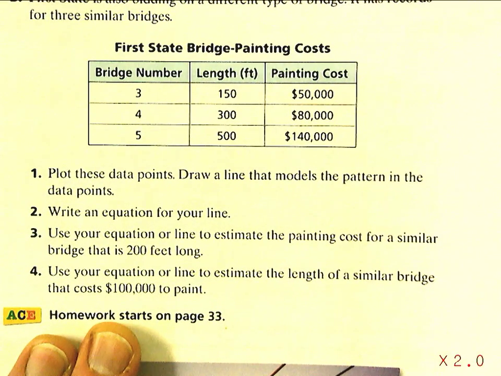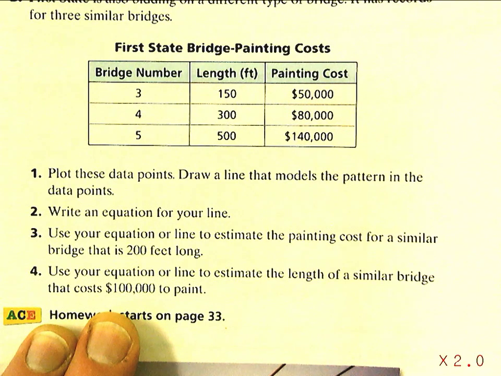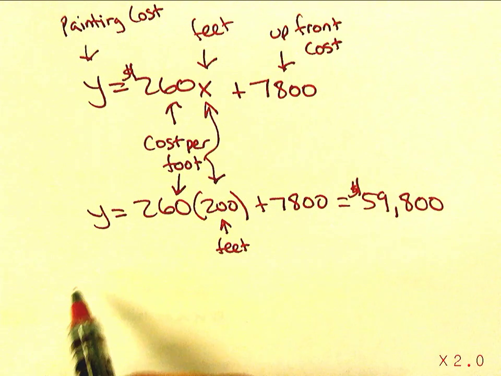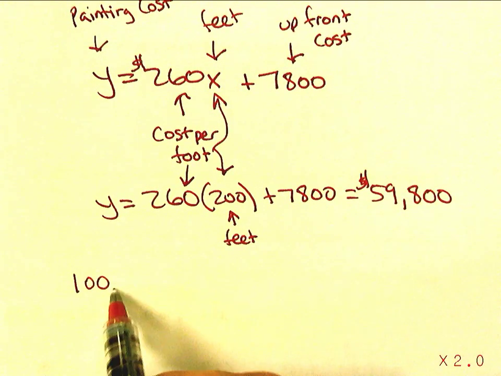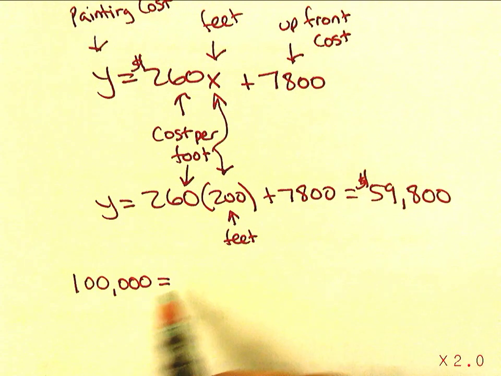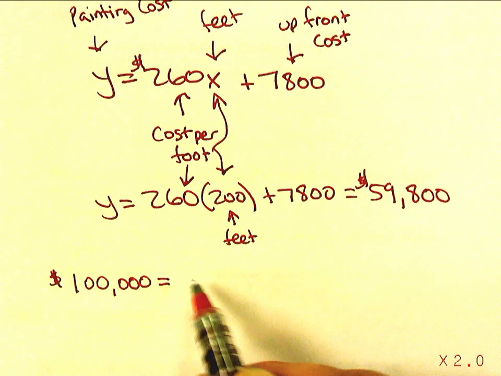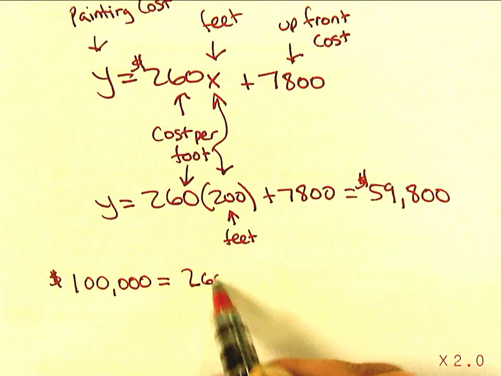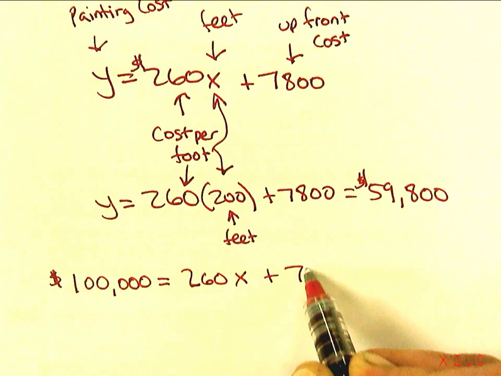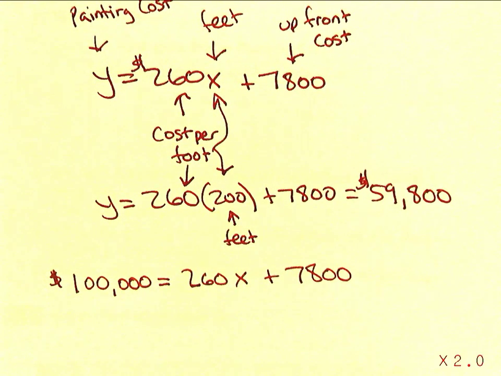We have one more question, question number 3. So if we have $100,000 for painting the bridge, let's see how much bridge we can paint for $100,000. So that's the total amount of money, the cost, that $100,000, and we know it's $260 per foot, or times the number of feet, plus the $7,800 upfront cost.